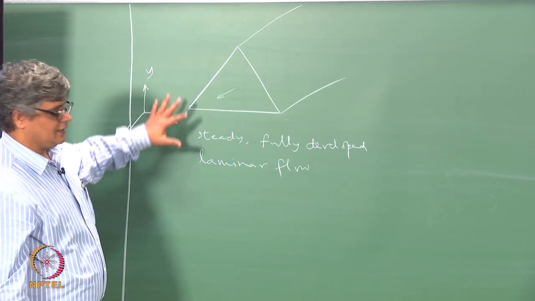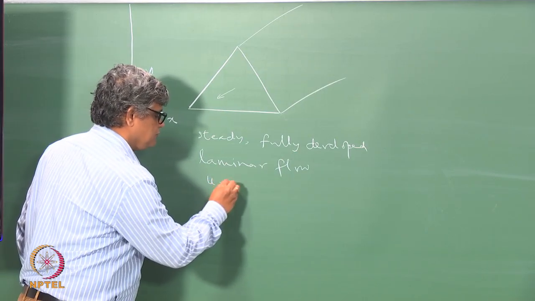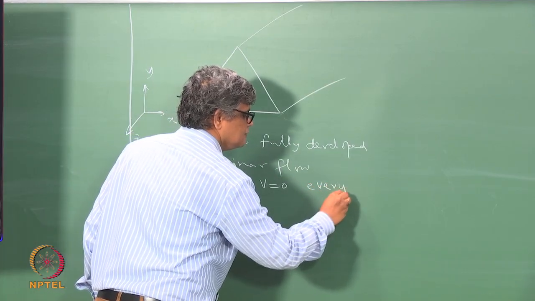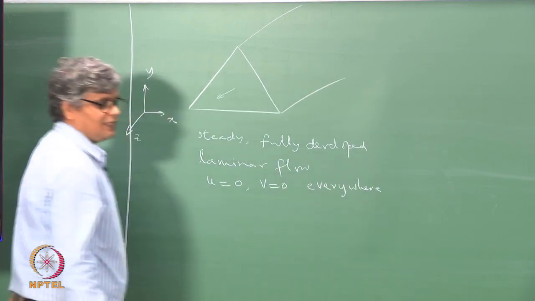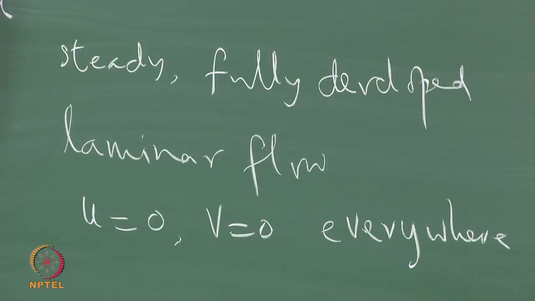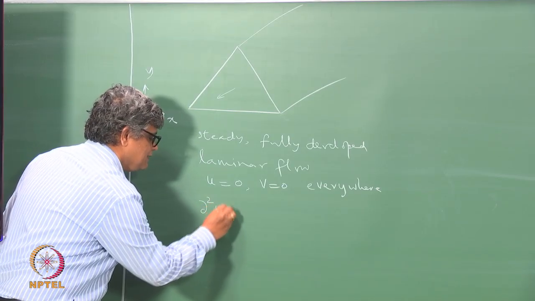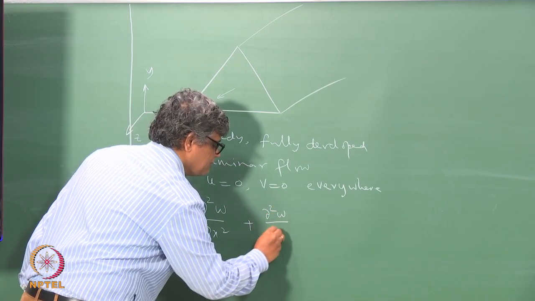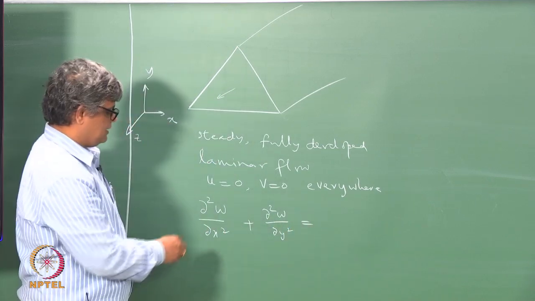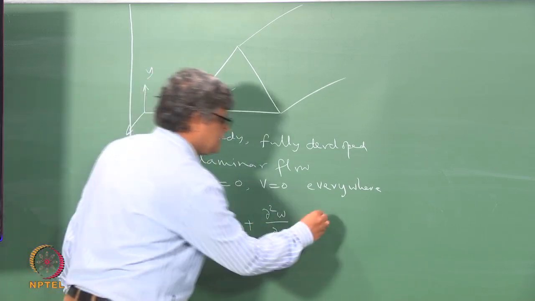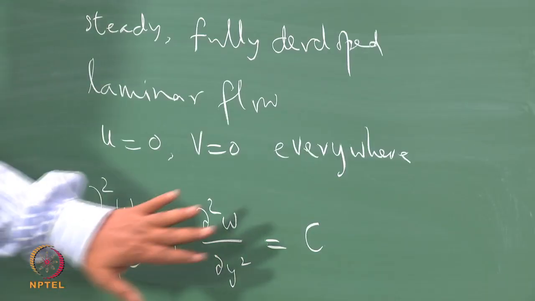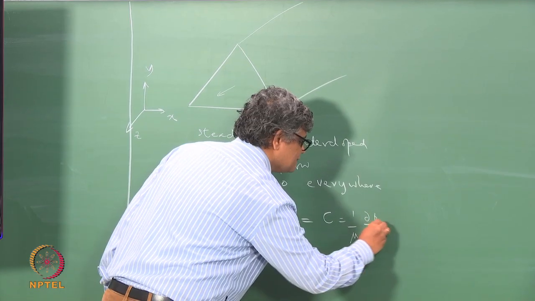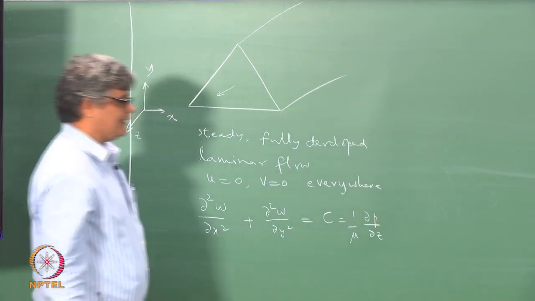and we will see that again we have the case of u equal to 0, v equal to 0 everywhere, and w is not equal to 0, and it is governed by the same equation that we had in the previous class, which is ∂²w/∂x² plus ∂²w/∂y² equal to c, where c is a constant involving the pressure gradient in the z direction.